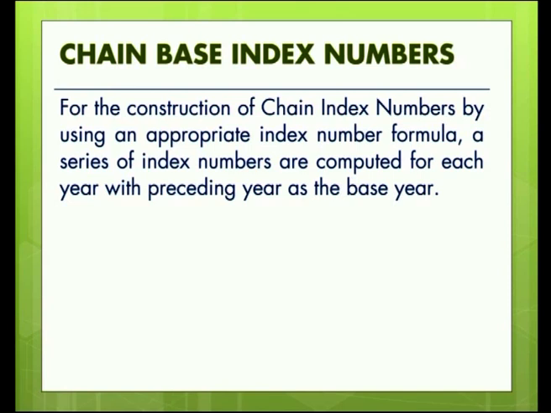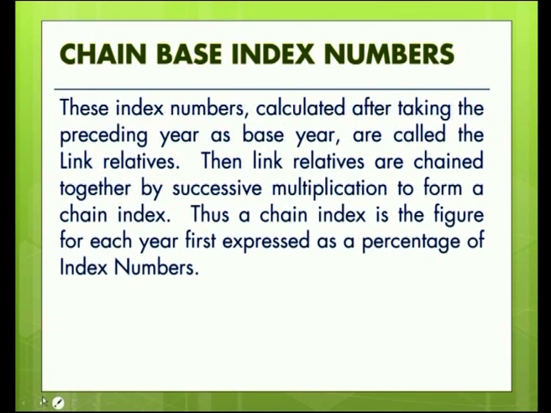For the construction of chain index numbers, by using an appropriate index number formula, a series of index numbers are first of all computed for each year with the preceding year as the base year. Next, these index numbers calculated after taking the preceding year as base year are called the link relatives. Then, link relatives are chained together by successive multiplication to form a chain index. Thus, a chain index is the figure for each year first expressed as a percentage of index numbers.